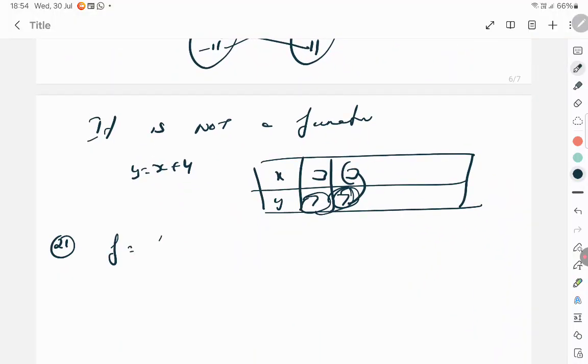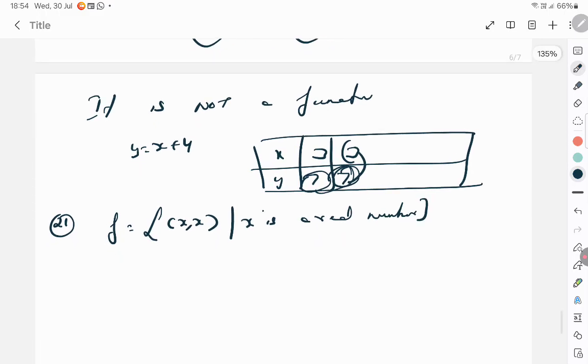They've given f is equal to x comma x, where x is a real number. Okay, what are they saying? Is this a function? X comma x, which means in the place of x and y you have x and x, which means y is equal to x. It's an identity function.